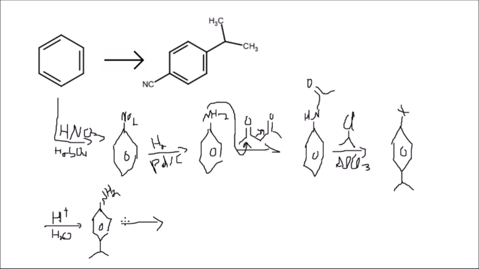And now, as we said, we need to convert that into our N2 group. And to do that, we react with NaNO2 with HCl at a low temperature. That way we can get our diazonium ion, which can undergo many reactions.